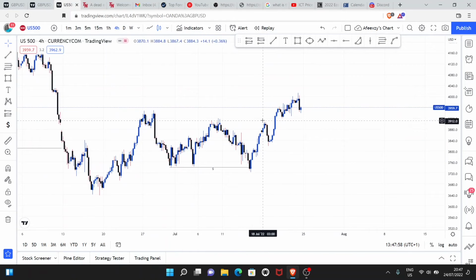Then it moved and changed structure. It changed the structure here. Then we saw a nice pullback, a retracement, filling this gap.